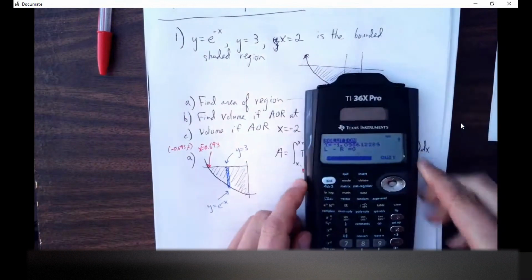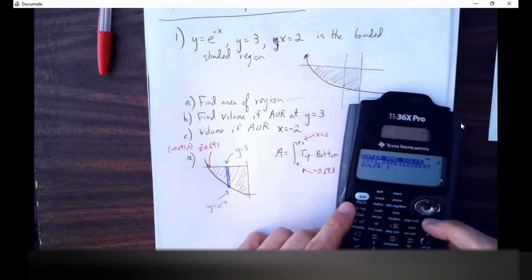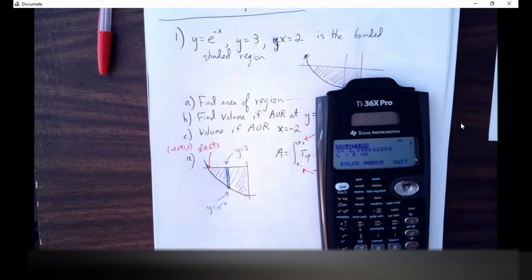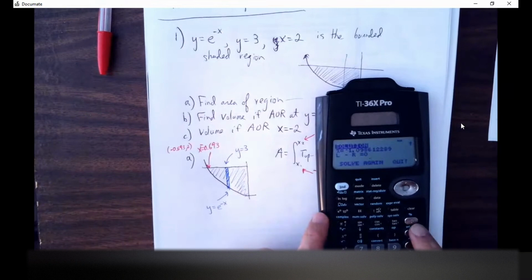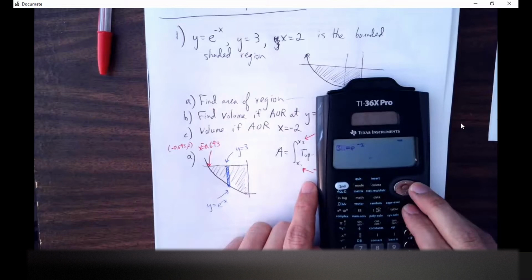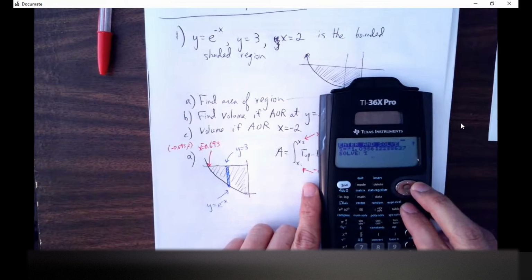Equals 3. Negative 1.09. Let's see. Does it come back up again?